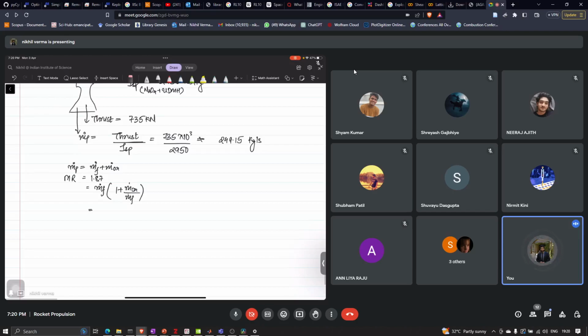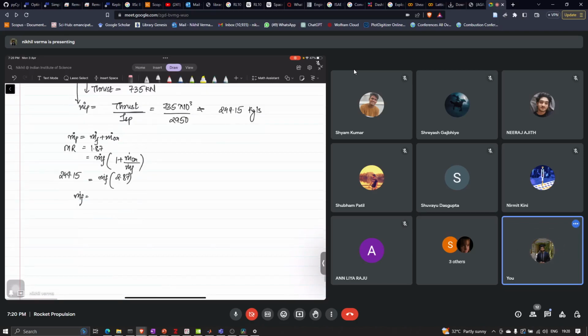So this mass flow rate of the propellant is 249.15, and divided by 2.87, we have this mass flow rate of the fuel as 86.81 kgs per second.